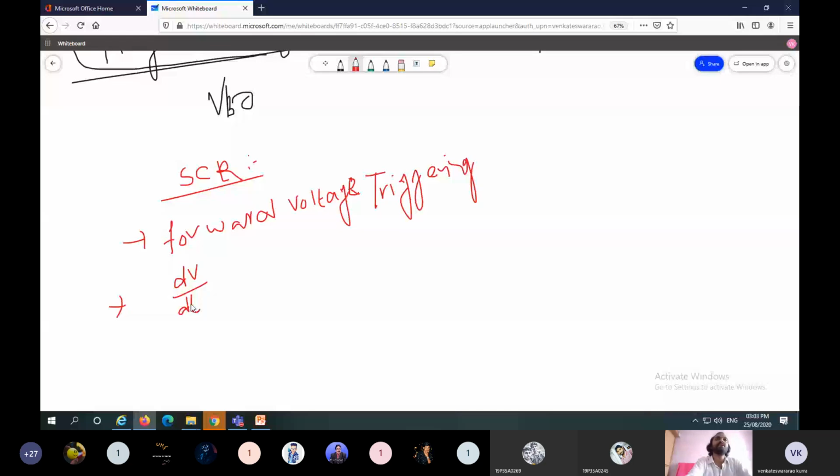First one is forward voltage triggering method. Next method, dV by dt triggering. Next method, light triggering. Next method, thermal triggering. Last method, gate triggering.